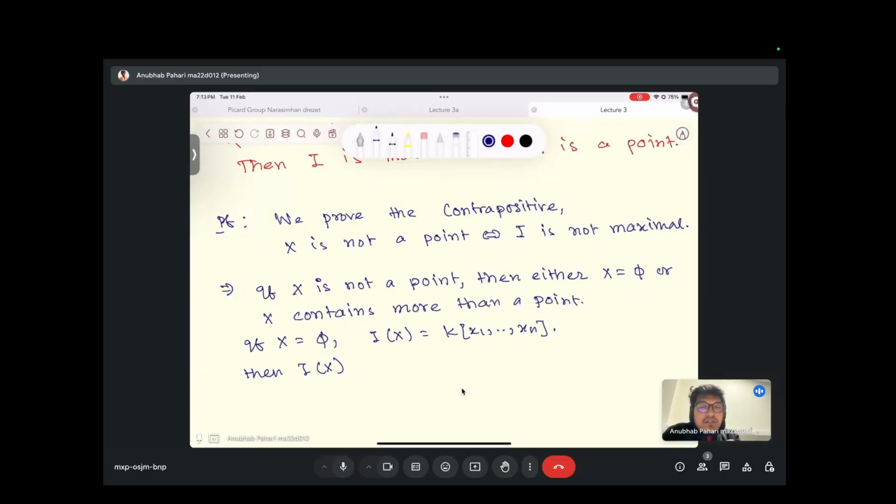So if X equals to phi, then I(X) equals k[x1, up to xn], so I(X) is not a proper ideal, so not a maximal ideal.